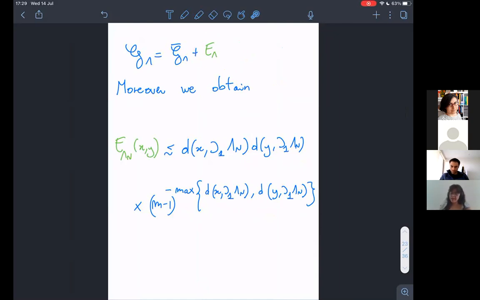The key point here is that you're able to prove that the error estimate is going to 0 like (m-1) to the power minus the distance of the 2 points to the boundary. So if you push the boundary of your finite volume to infinity, the error term is going to 0, and this enables us to say we are really getting a good approximation by using intersection local times.